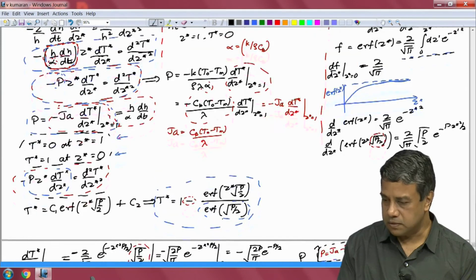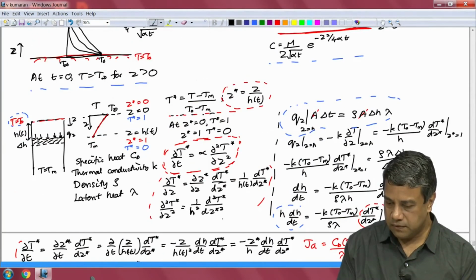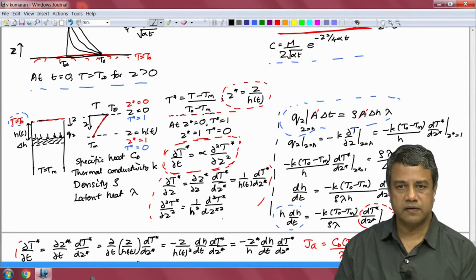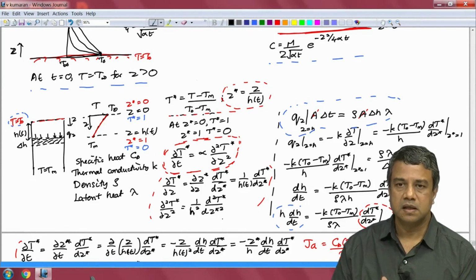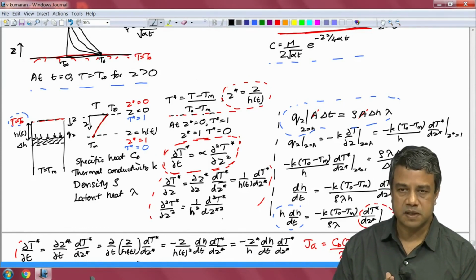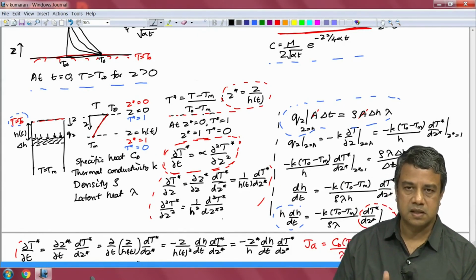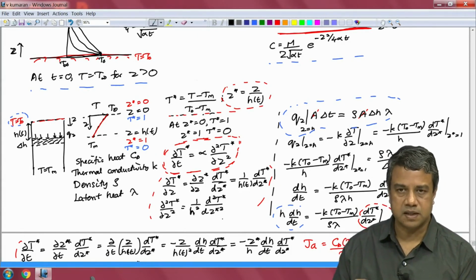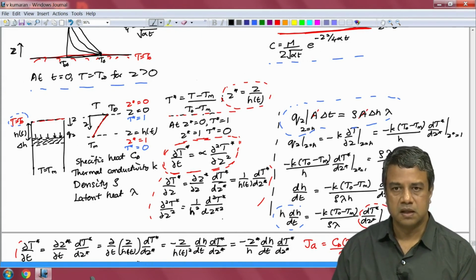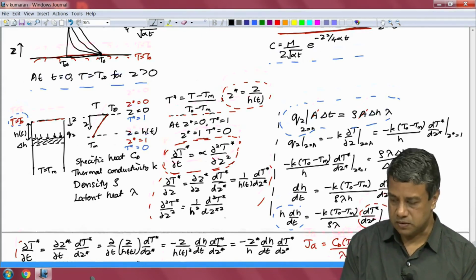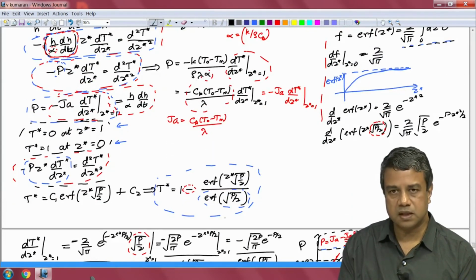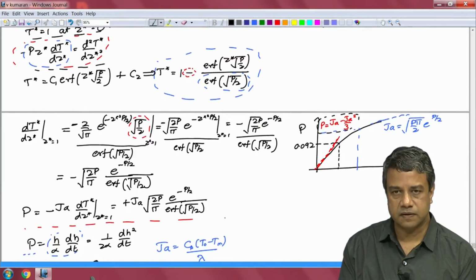So, what I have shown you is that for a particular case where we have a time dependent length scale, if that length scale varies in a specific way with time, in this particular case h has to be proportional to square root of t, or h square is proportional to t, then I can get a similarity solution with an unknown temperature gradient at the surface.